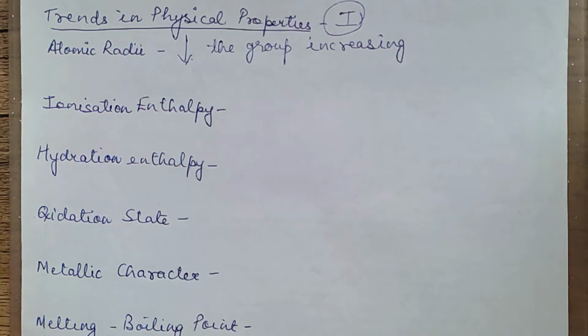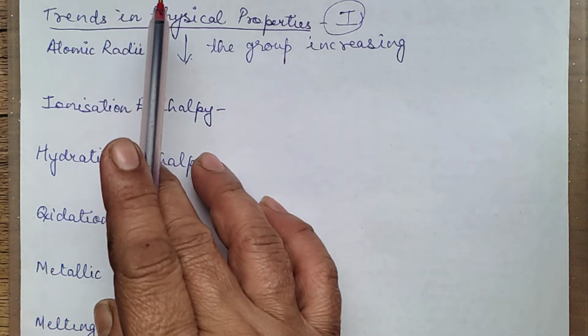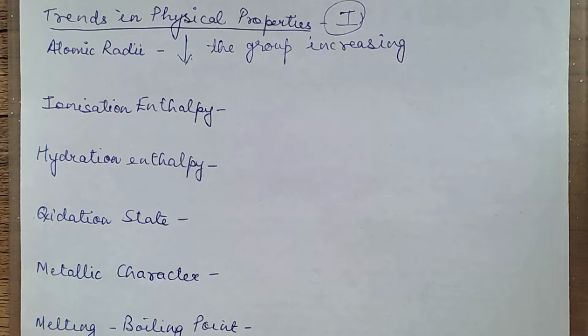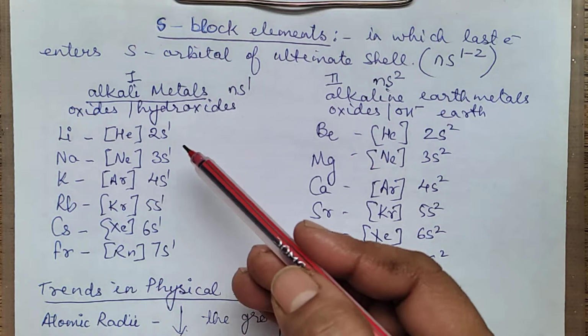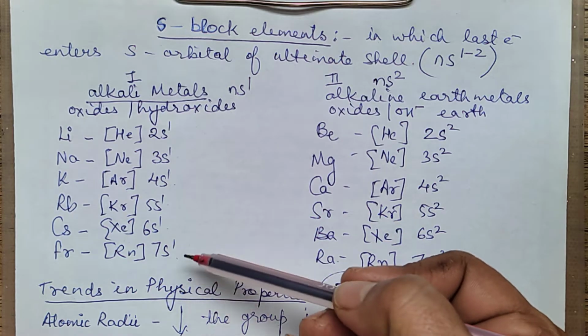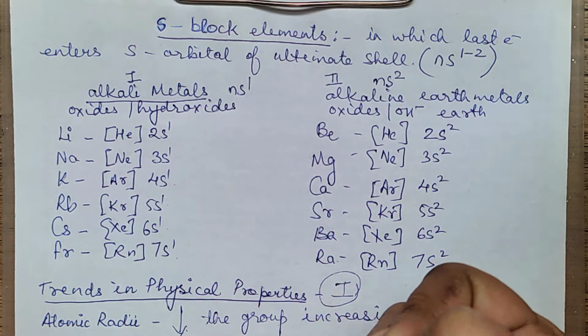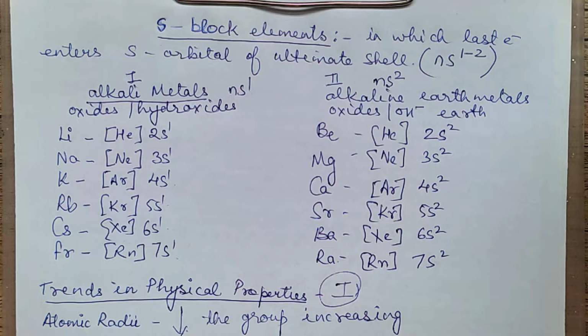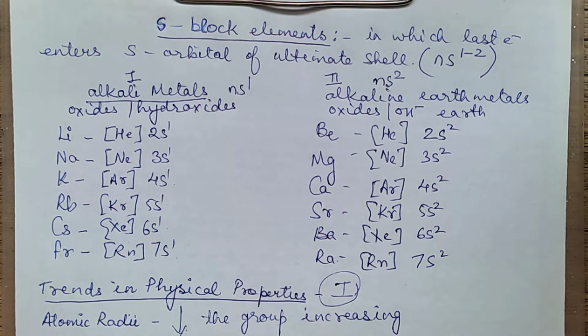Recently we have seen the configuration. In the configuration, we found that the number of shells is increasing. You saw that? Second shell, third shell, fourth, fifth, sixth, seventh. So down the group, one shell is being added. When one shell is being added, the atomic radii would be increasing.